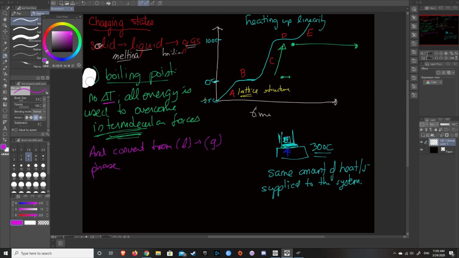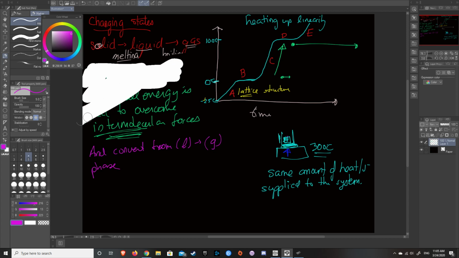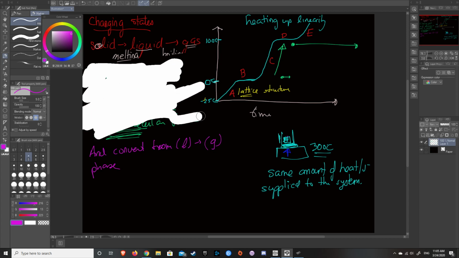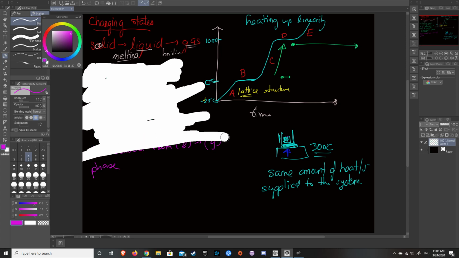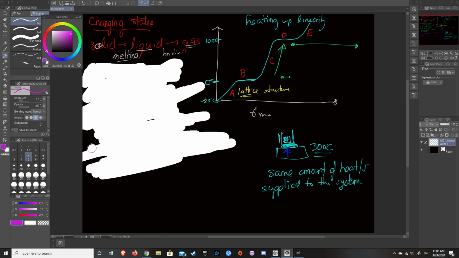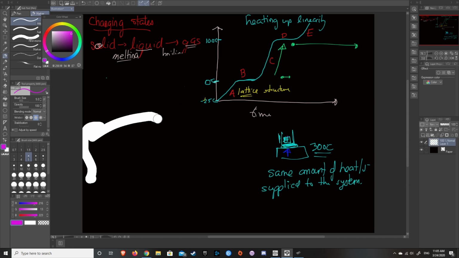And then at E, this is going to be the last one we do in this video. Let me just erase this real quick. And E is going to be the same thing as C and A. So A, we increase the vibration. C, we increase the kinetic energy. And E, we said, right, there's no structure in a gas.